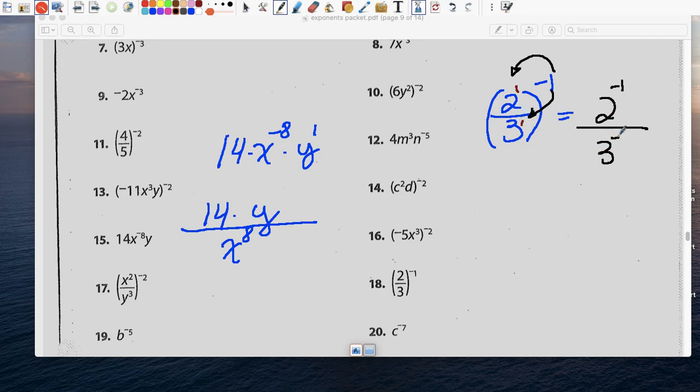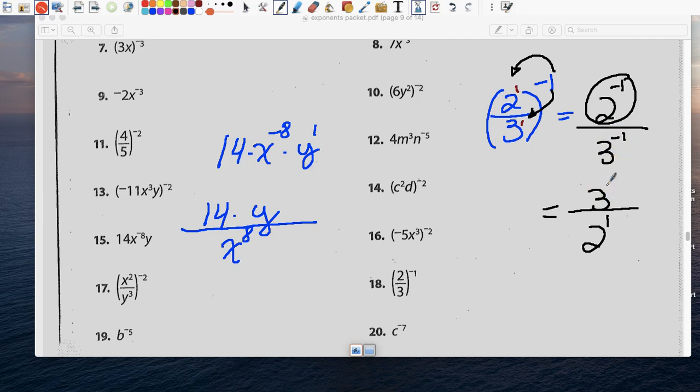So this is what we get. Now, we know that this can't stay like this. So here's my fraction. And this guy, where does he go? He goes down. And his exponent becomes positive. And 3, which was to the negative 1st power, was in the denominator. Where is he going to go?